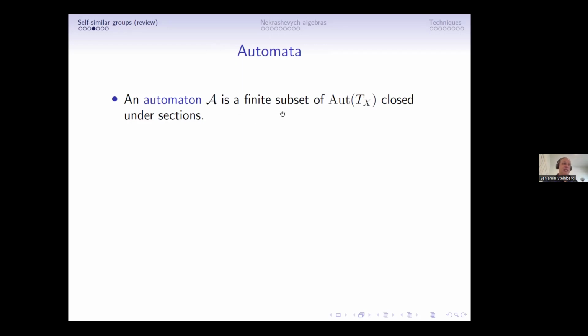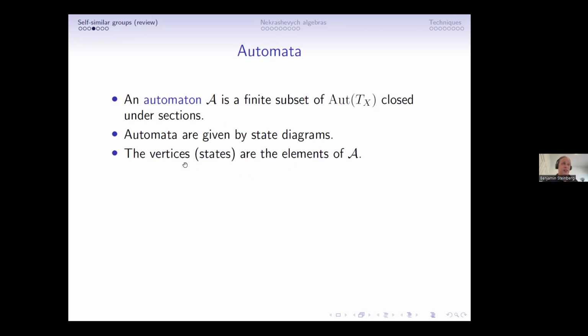So for us, an automaton is just a finite set of automorphisms of this tree, which is closed under taking sections. But it's not necessarily a group. It's not closed under products. And we represent them by what are called state diagrams. So the vertices of this state diagram are just the elements of this automaton, a finite collection of tree automorphisms.